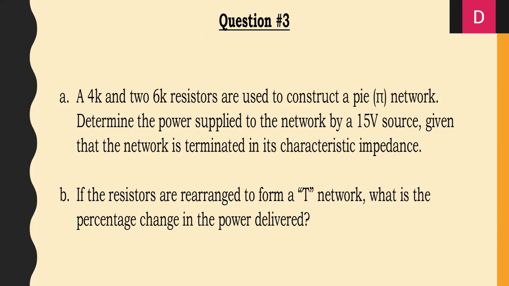First, I consider that you mentioned that it's a characteristic impedance, and we have two 6K resistors and one 4K resistor. So from that, I interpreted that it would be a pi network with the two 6K resistors at the two terminals and the 4K in the middle.